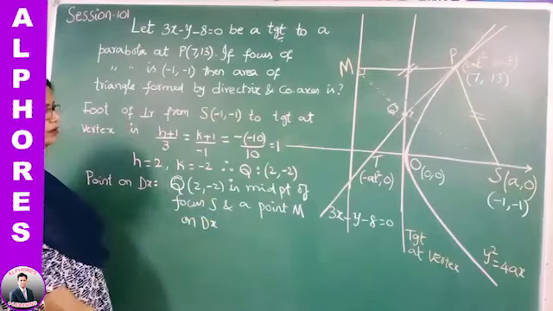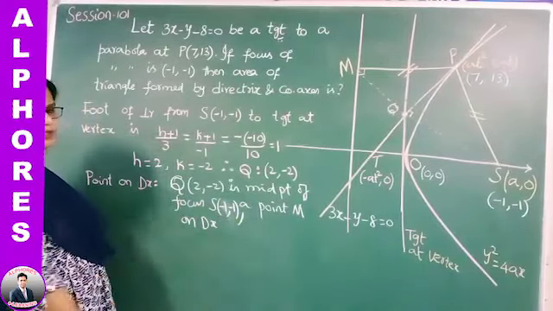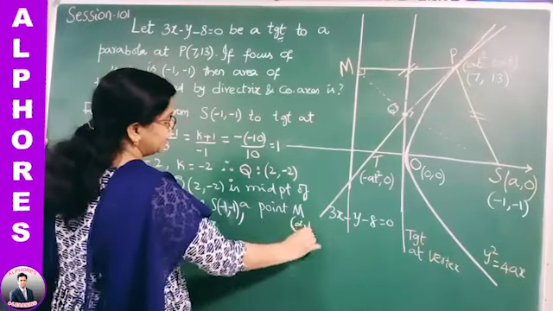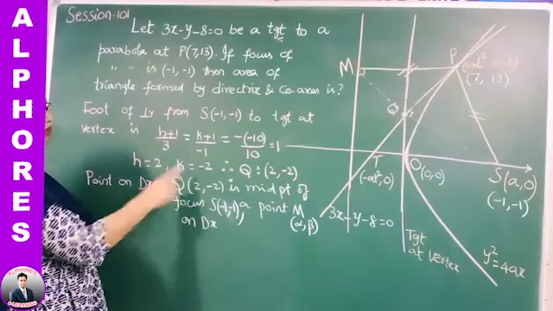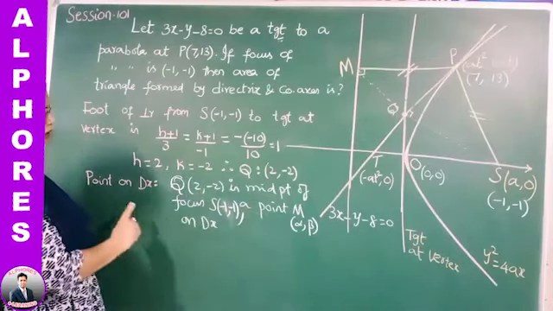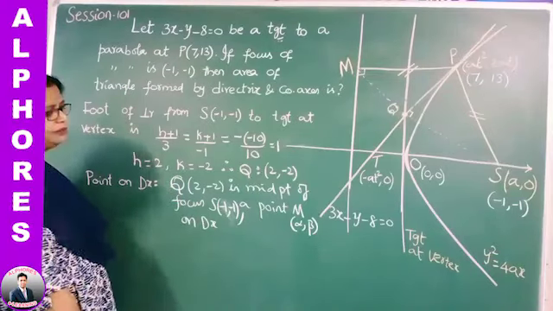Now the focus coordinates, you know what they are? Minus 1, minus 1. The M coordinates we don't know. Suppose let me take this M coordinate as (alpha, beta), right? Then what about our formula? This is the middle point, and now the requirement is the point M. Okay, then you can make use of the concept (2x minus x1, 2y minus y1).